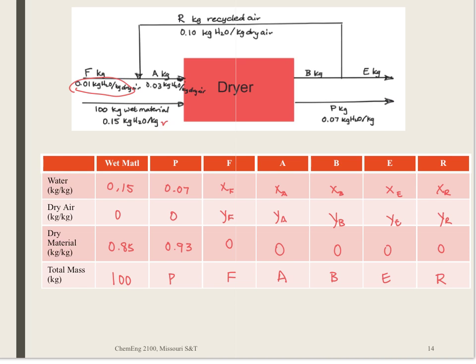So I have an awful lot of unknowns, right? 1, 2, 3, 4, 5, 6, 7, 8, 9, 10, 11, 12, 13, 14, 15, 16 unknowns in this problem. And that's sort of overwhelming. But the real reason I've got so many problems is because of these crazy, not quite mass fractions.